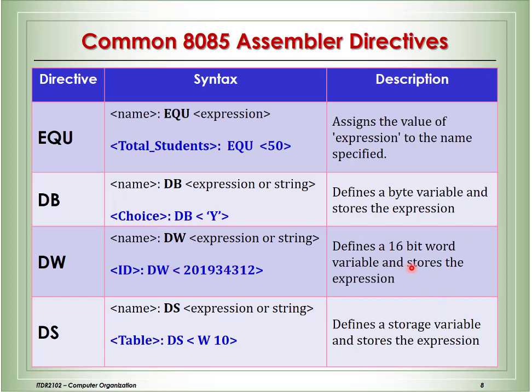And the third is DS, which is define storage. Here you can reserve any memory, 1 byte, 2 bytes. In this example, we reserve 10 bytes for the table. Table is basically the label, or you can say the name.